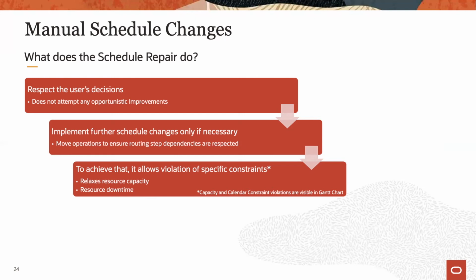And to enable that, the repair relaxes resource capacity, resource availability, and inventory constraints. So consequently, it is up to the scheduler to ensure that the manual schedule changes overall result in an executable schedule.